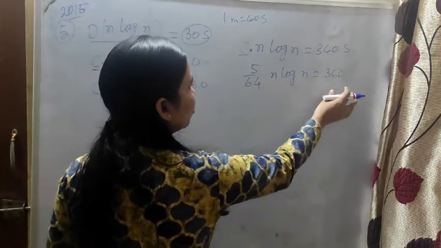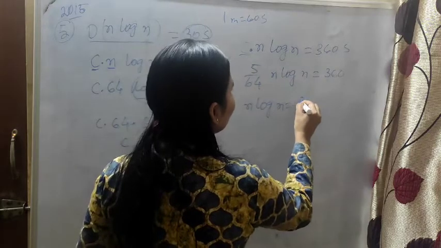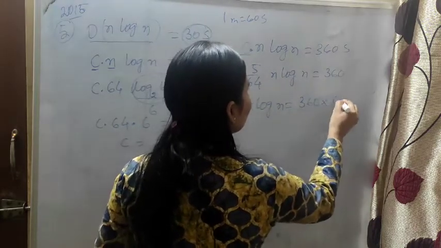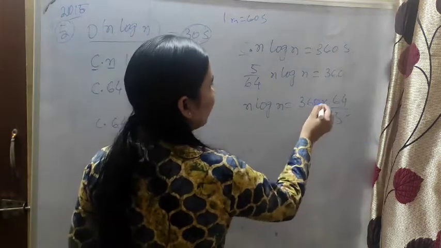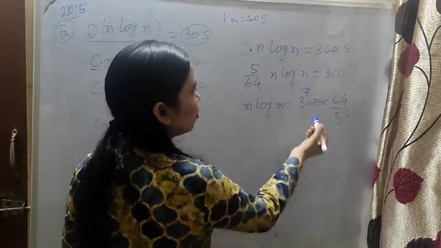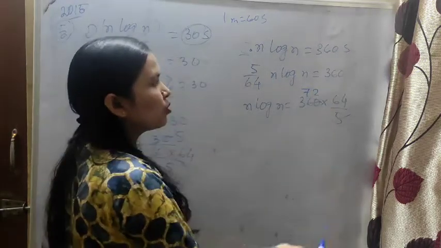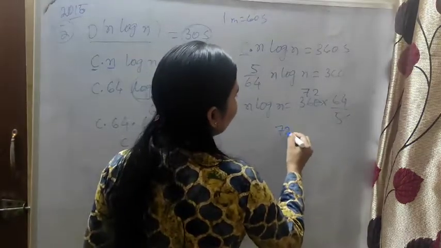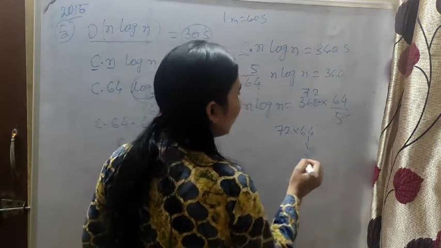This will go to the right side. So n log n equals 360 into 64 by 5. 5 7s are 35, so it becomes 72 into 64. 64 you know is 2 to the power 6.